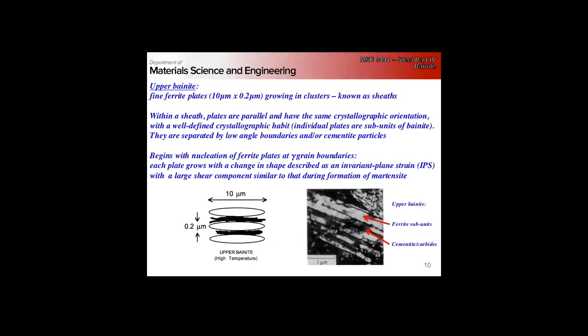We call these clusters sheaths, and these plates tend to be about parallel, and they all have relatively the same crystallographic orientation, and are separated by initially low angle grain boundaries, and then the cementite particles form.